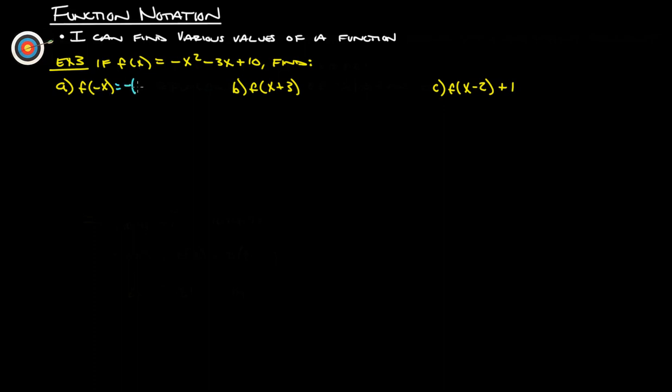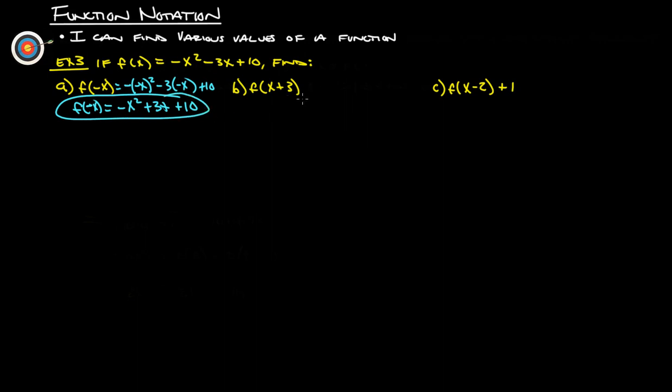So we do negative, and then negative x squared minus 3 times negative x plus 10. Okay, so negative x times negative x is positive x squared, and then put another negative back on it, and we have negative x squared. Negative 3 times negative x is plus 3x, and plus 10. So that's what f of negative x equals, because you can't simplify that at all. So that is done there.